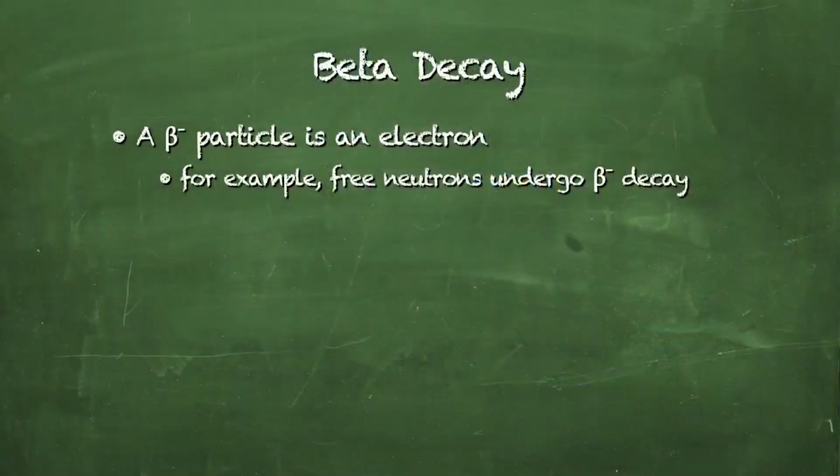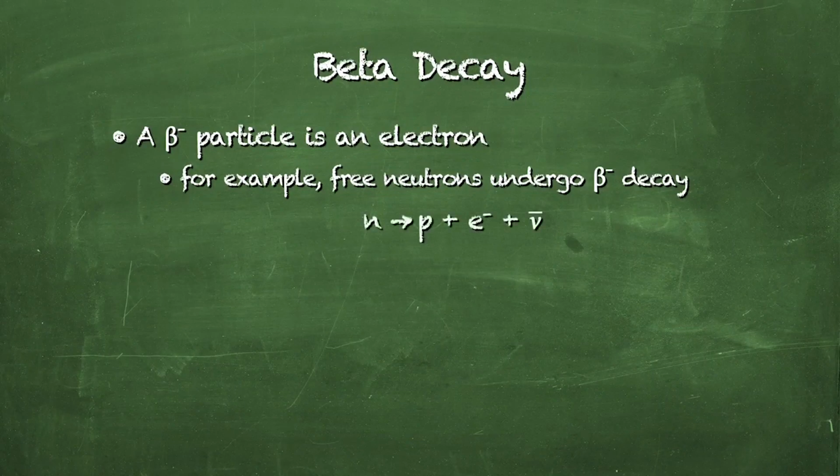Beta minus decay occurs when a nucleus emits an electron, or in other words, a neutron emits an electron and changes into a proton, and this also moves the nucleus towards the line of stability. A beta minus particle is an electron. For example, free neutrons undergo beta decay.